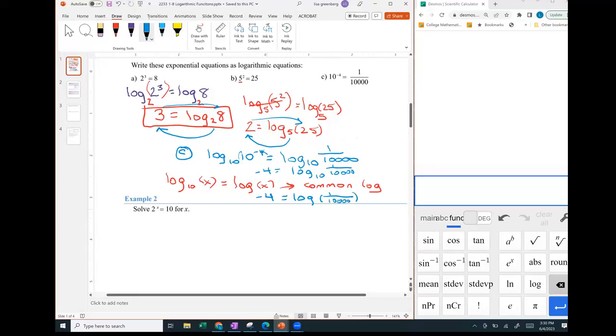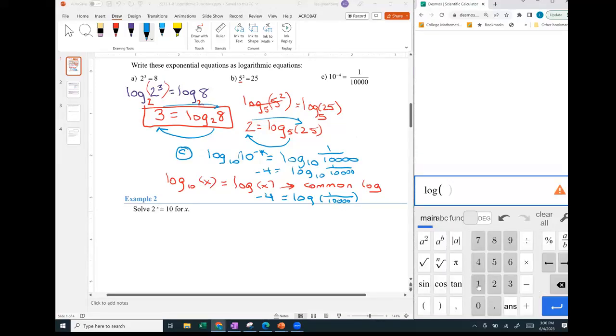And actually, let's prove it. Let's put it into our calculator. We have the log of 1 divided by 10,000. Notice it equals -4, just like we said.